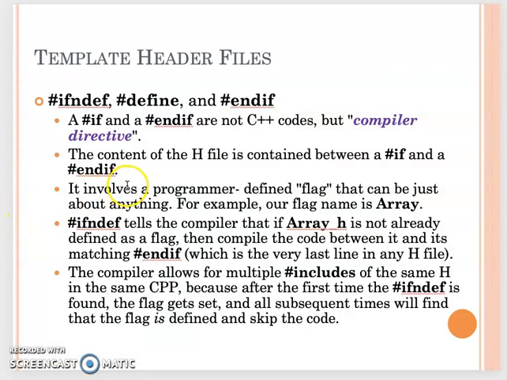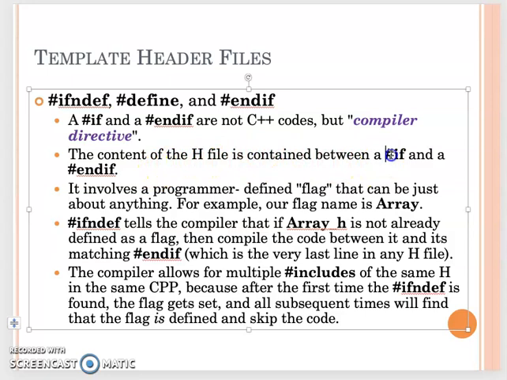Some of you already have that, and we also need you to have that from now on. The content of the .h file is contained between your #ifndef, #define and #endif. Actually it's not #if, it's #define. Between your #define and your #endif, the programmer defines a flag. This flag is, as we said earlier, ARRAY_H, and it is the flag for the content of the header file.